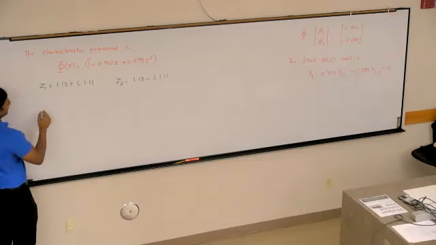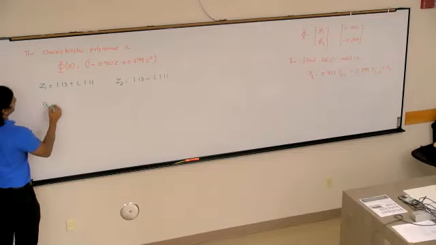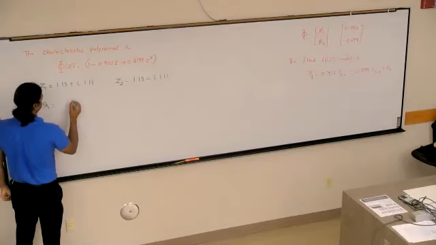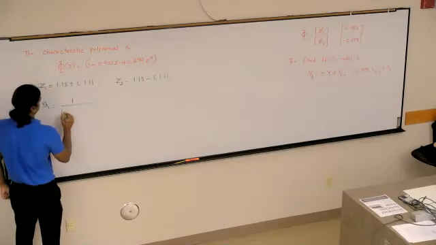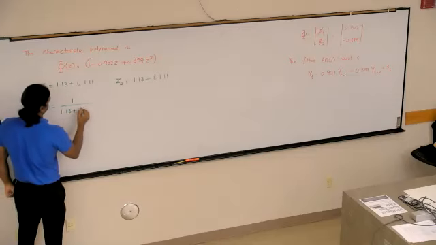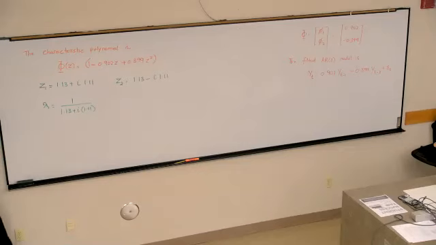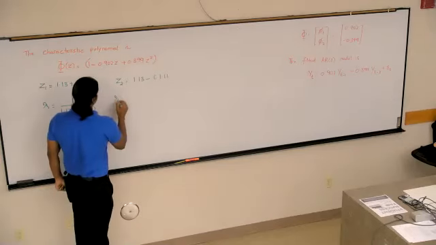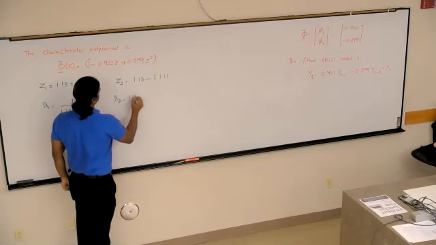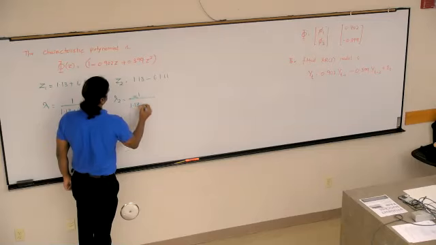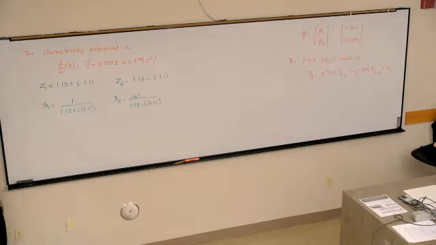So we can find lambda 1. What is lambda 1? And lambda 2 would be 1 over 1.13 minus I multiplied by 1.11.